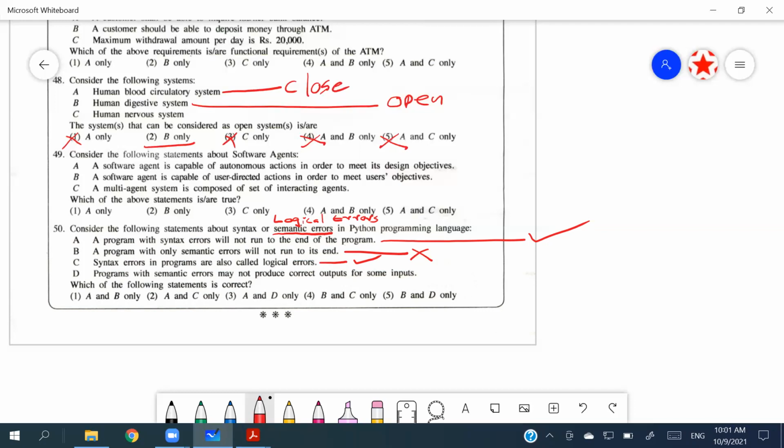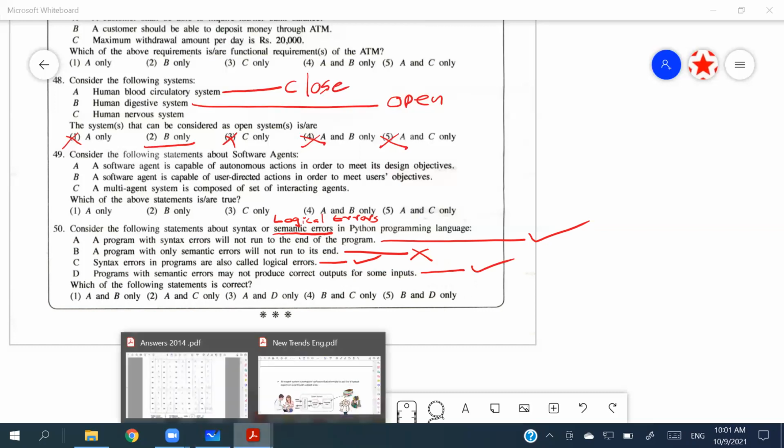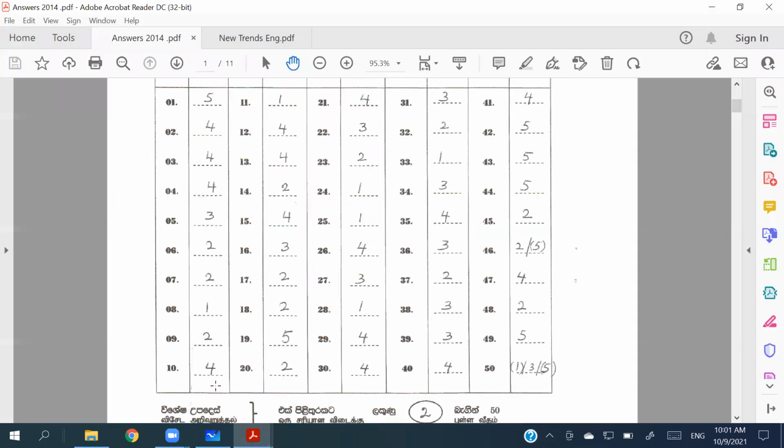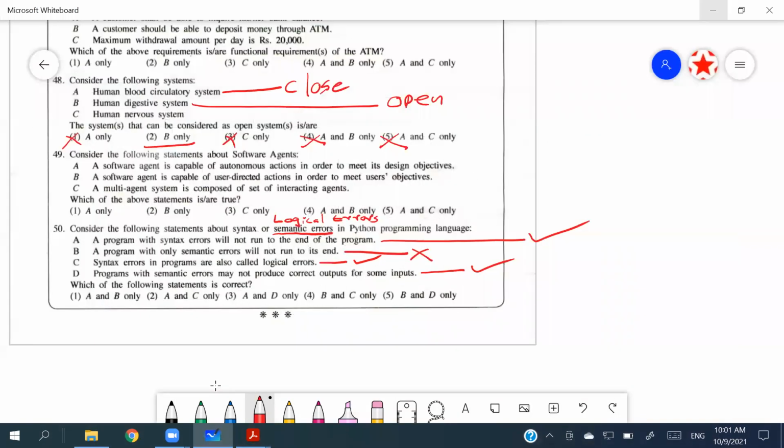And a program with semantic errors may not produce the correct output for some inputs. Yeah, that can also be taken as the correct one. Hold on. So the logical errors. The 50th, what is the answer? Oh yeah, they have taken the 1st, 3rd, and 5th. So according to us, it is A, C, and D. All are correct.